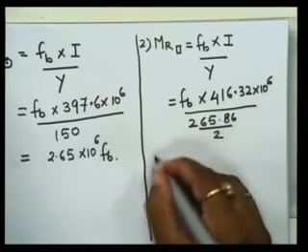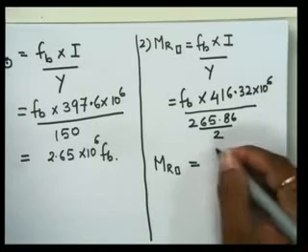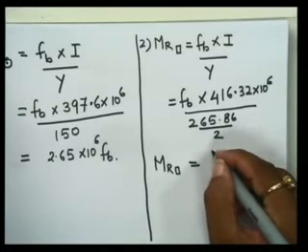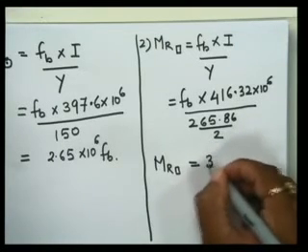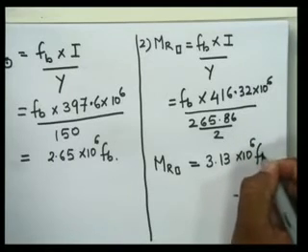So we get the moment of resistance for the square as 3.13 into 10 to the power 6 Fb.